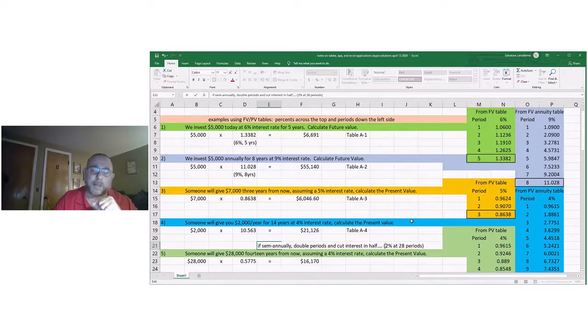You can use an app if you downloaded that, or you can use Excel. That's up to you. I'm only asking you one favor. Whichever technique you use, just write that at the top of the problem. I used the app. I used Excel. I used the tables. And then I know what to look for in terms of answers.